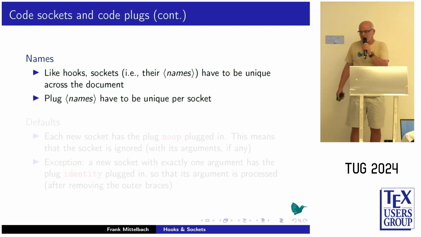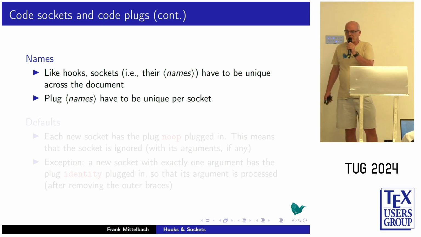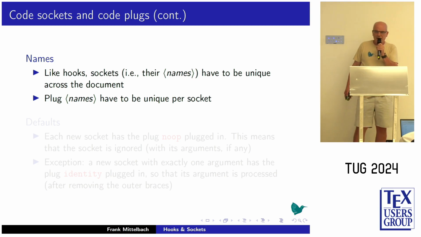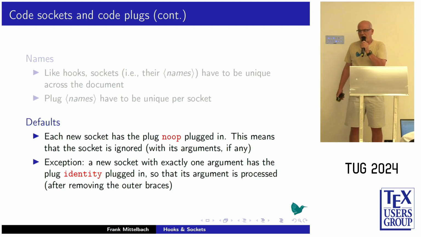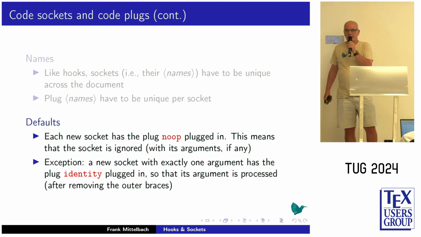So the concept is somewhat similar to what is done with hooks. Every socket has a name. The name has to be unique, and plug names have to be unique per socket. So for example, every socket by default has a plug called no operation, noop. And this is the one that is normally stuck in.